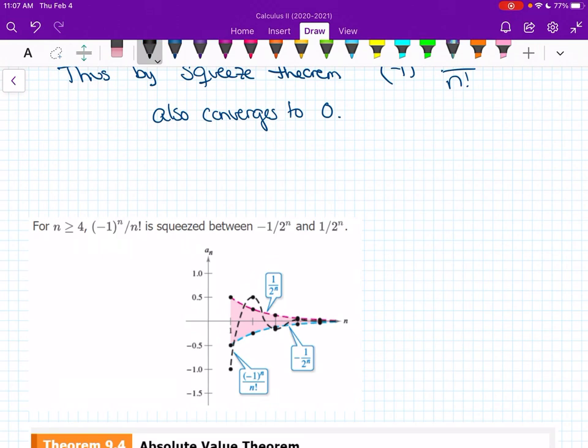So here is 1, 2, 3, 4. Right here is the fourth term, and after that it's always between the two, right? So it oscillates between those two functions, okay? And so once I'm at 4 and beyond, since I'm between those two and both of them are approaching 0, one from the top, one from the bottom, then my function that is bouncing between them will also approach 0.